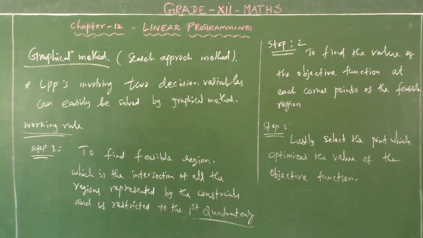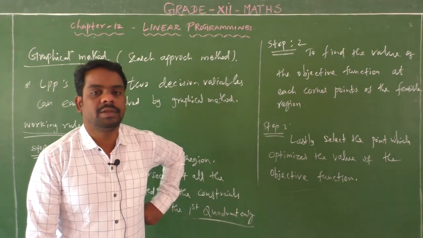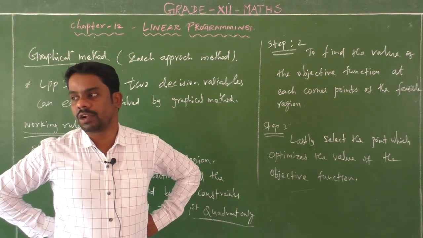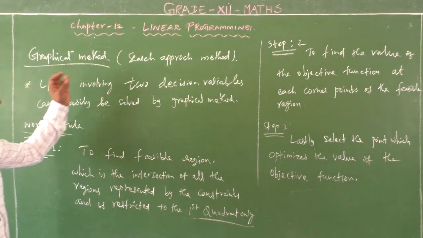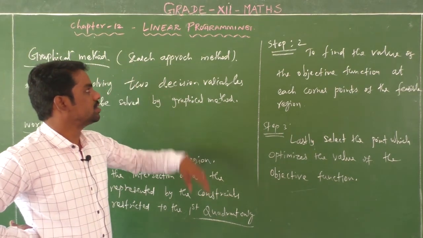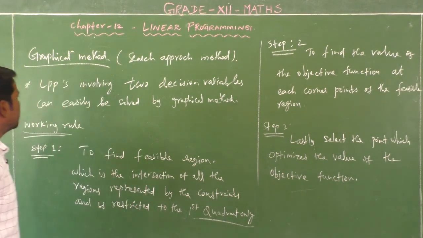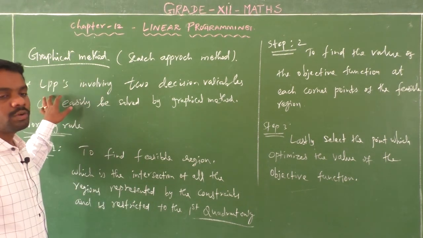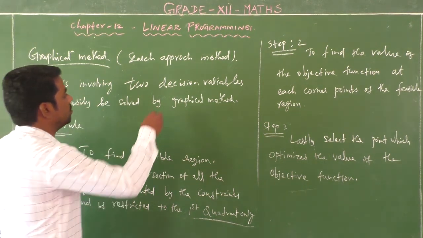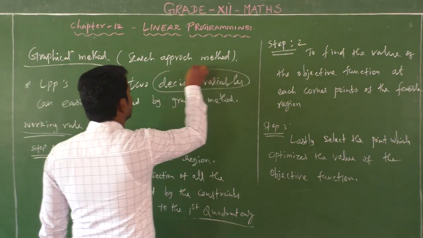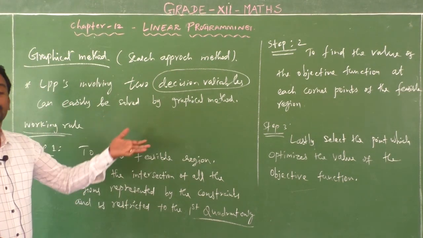Listen students, using the graphical method we solve LPP problems, linear programming problems. This graphical method's another name is the search approach method. Linear programming problems involving two decision variables can easily be solved by the graphical method.